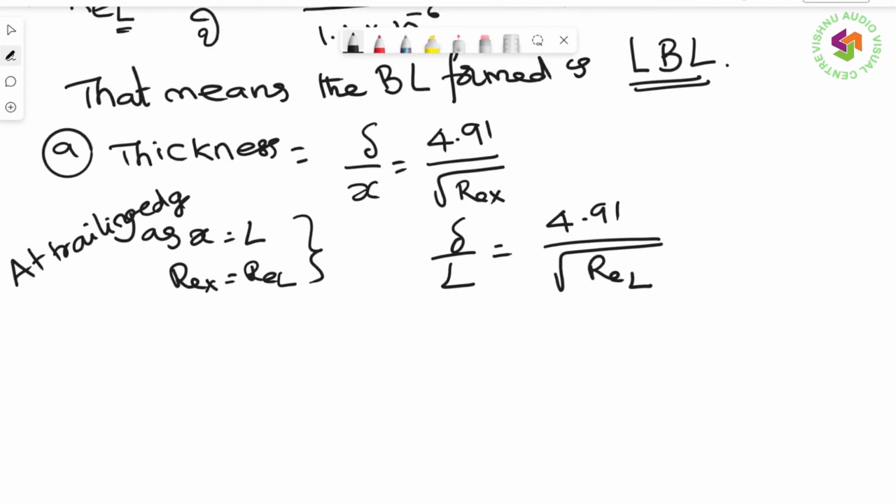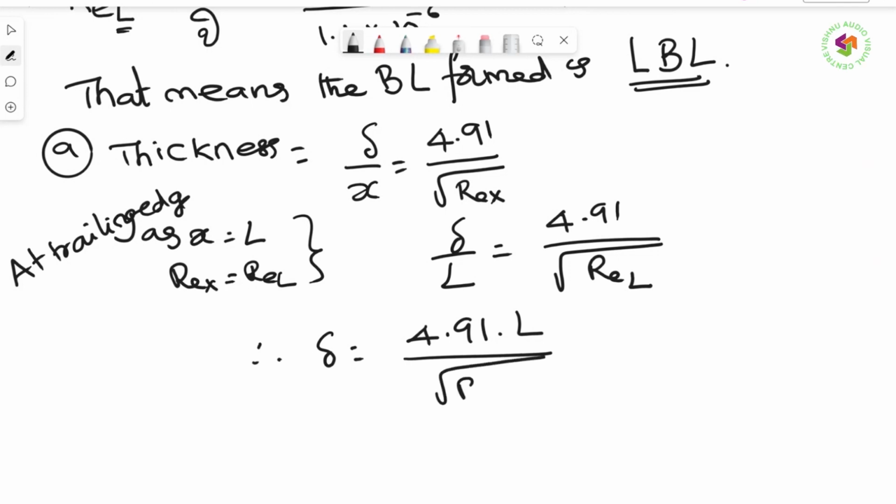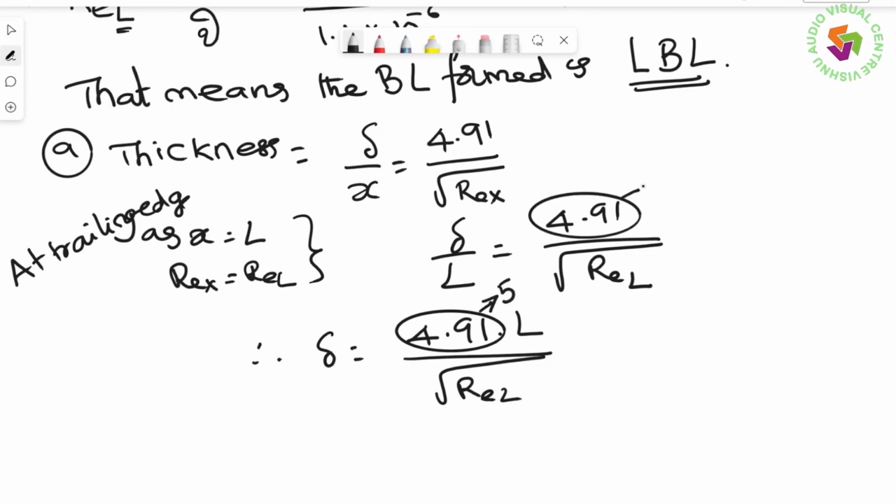So delta is equal to 4.91 into L divided by root Rel. Some people will write 5 instead of 4.91. There is nothing wrong even if you put 5. Please remember, you can write 5 also, no issues.